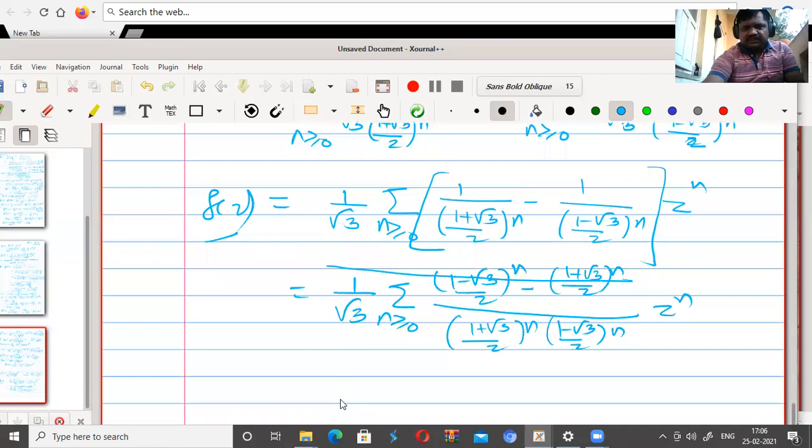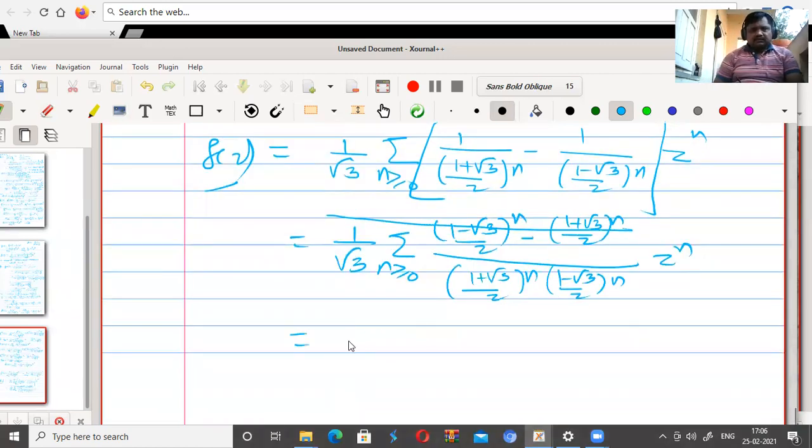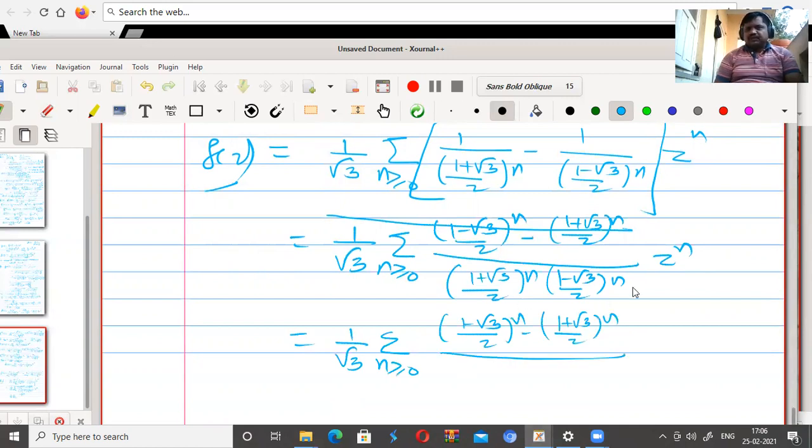That can also be written as 1 by root 3 into summation for n greater than or equal to 0, this we will keep as it is, 1 minus root 3 by 2 to the power n minus 1 plus root 3 by 2 to the power n, divided by both to the power n.